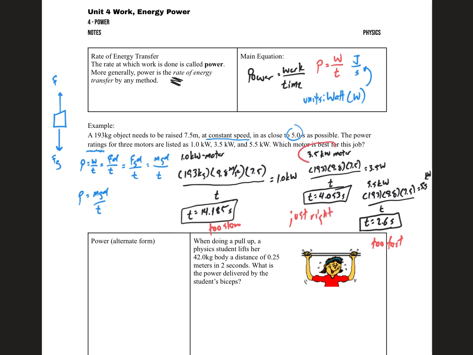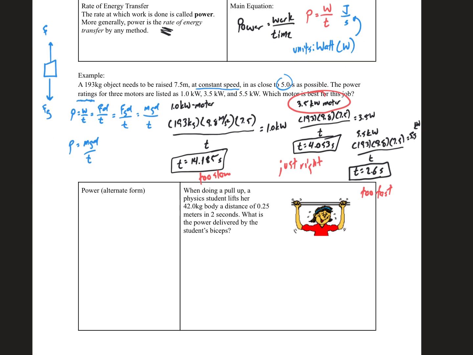So the 3.5 kilowatt motor is best for this particular job. All right, so there's one example. Just know that typically something is being lifted up. That's the problem we're going to see a lot of times. It can also be pushed to the side and all that. So just know that's what we're going to get for those.